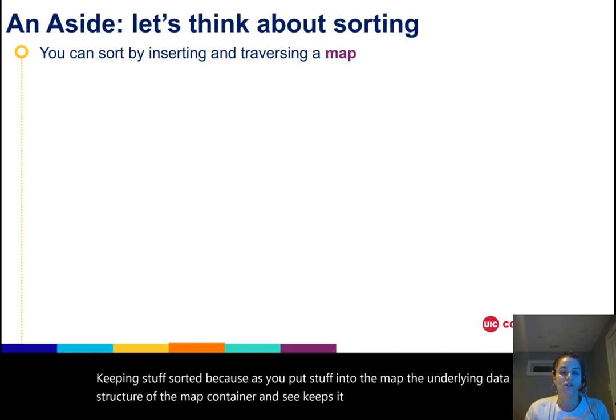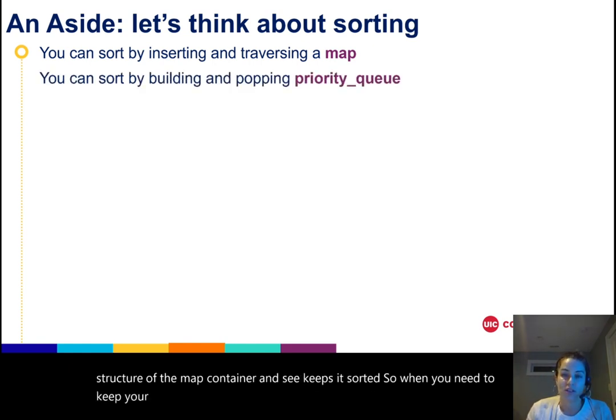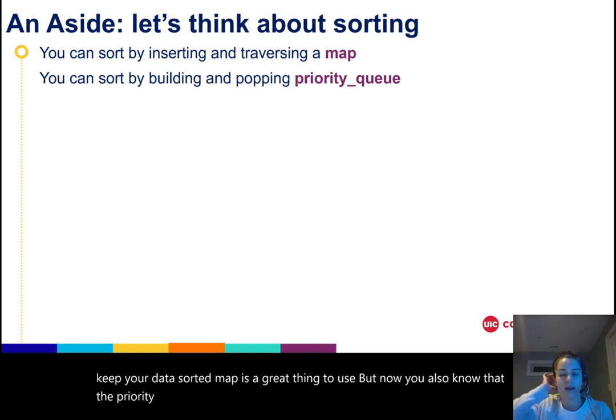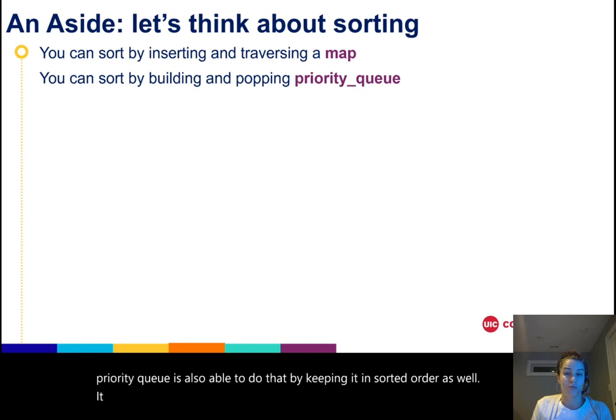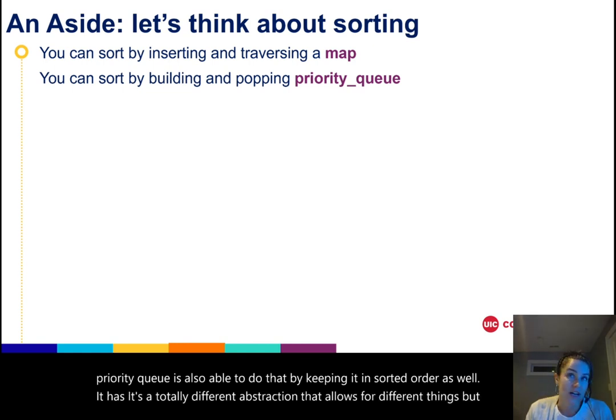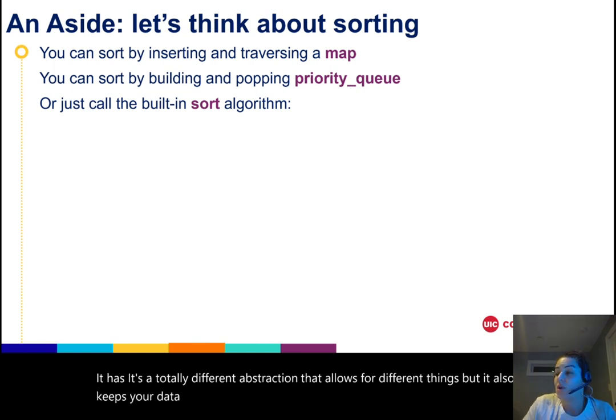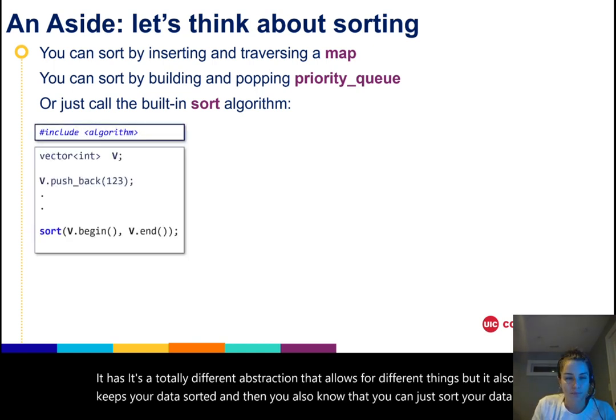So when you need to keep your data sorted, a map is a great thing to use. But now you also know that the priority queue is also able to do that by keeping it in sorted order as well. It's a totally different abstraction that allows for different things, but it also keeps your data sorted. And then you also know that you can just sort your data using the sort algorithm.